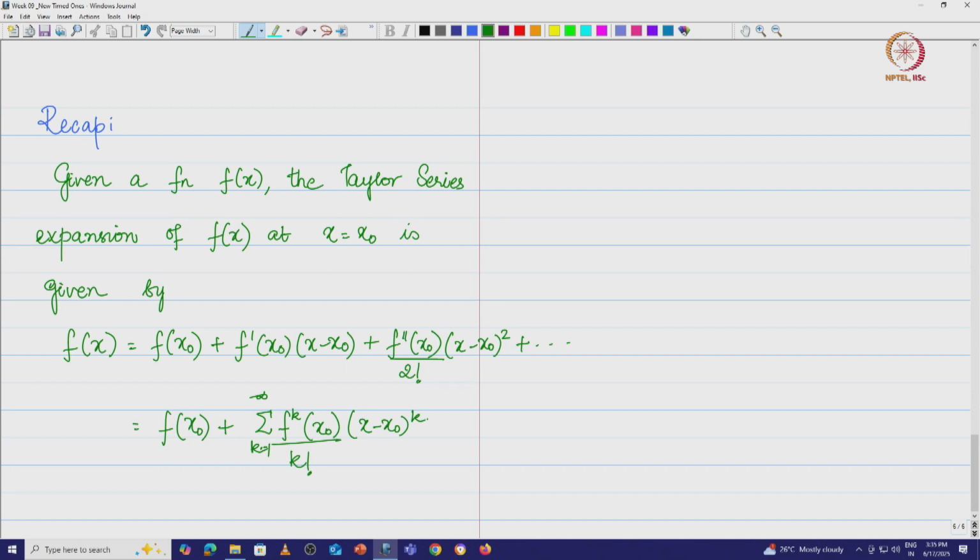So, this is going to be the Taylor series expansion. You can see that if I put k is equal to 1, this is the first derivative. Then for k is equal to 2, this is nothing but the second derivative at x naught by 2 factorial into x minus x naught the whole squared, and so on.